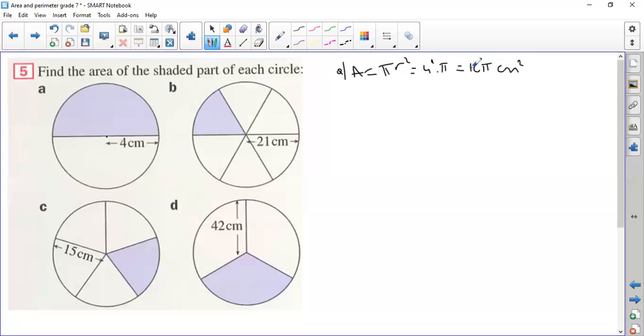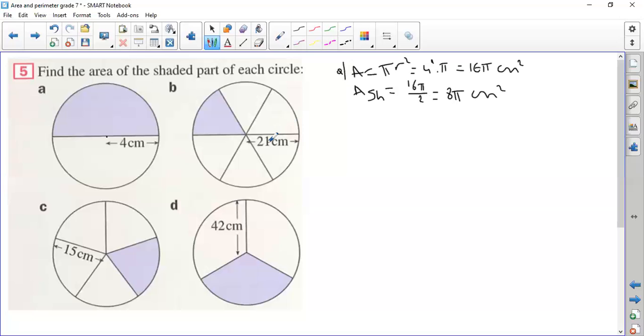The shaded region is half of the circle, as we said. So the area of the shaded part, area shaded, is equal to 16 pi over 2, which is 8 pi centimeter squared.